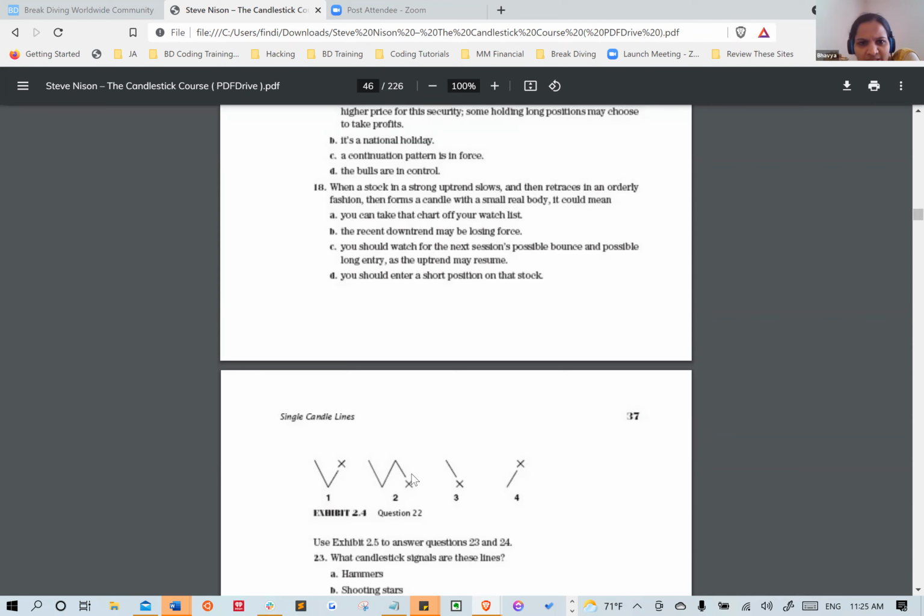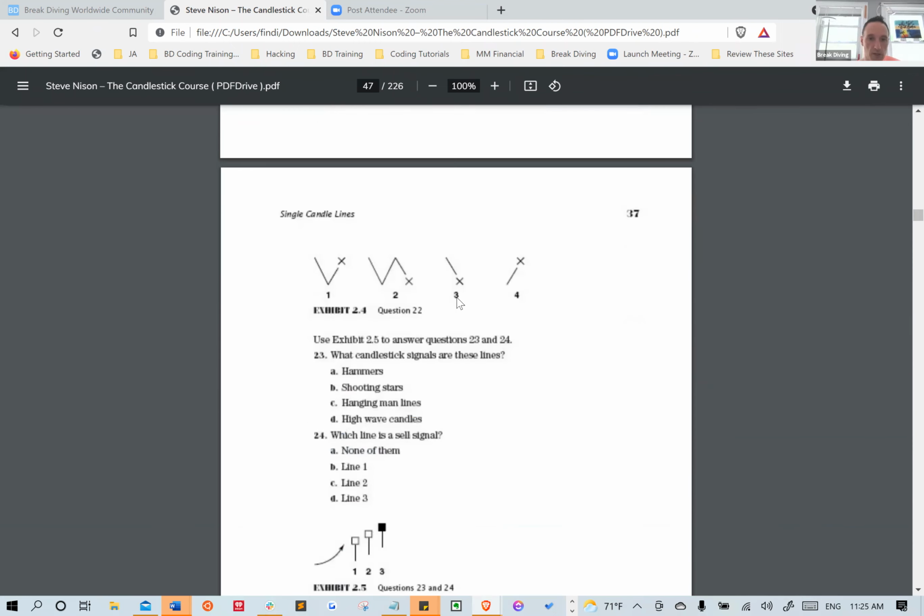I think C. Yeah, I was thinking that too, because it's retracing, which means it's just one or two candles. We haven't confirmed it yet. And the small real body always means there's some type of indecision, right? Spinning top equals indecision.